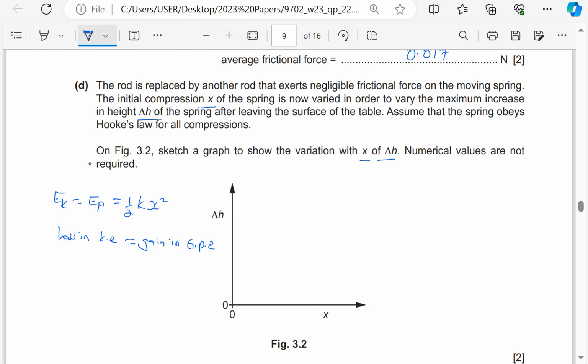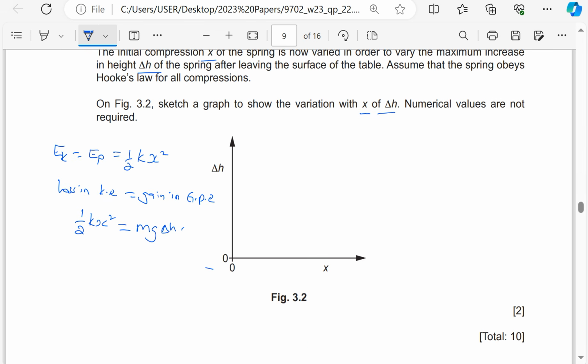So the loss in elastic potential energy becomes the gain in kinetic energy, and the loss in kinetic energy becomes the gain in gravitational potential energy. That means a half kx squared is going to be the gain in potential energy, which is mg times the change in height.